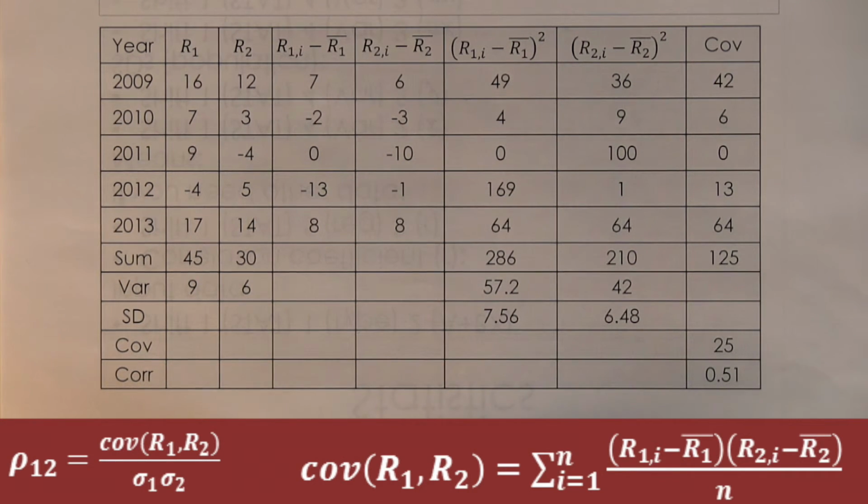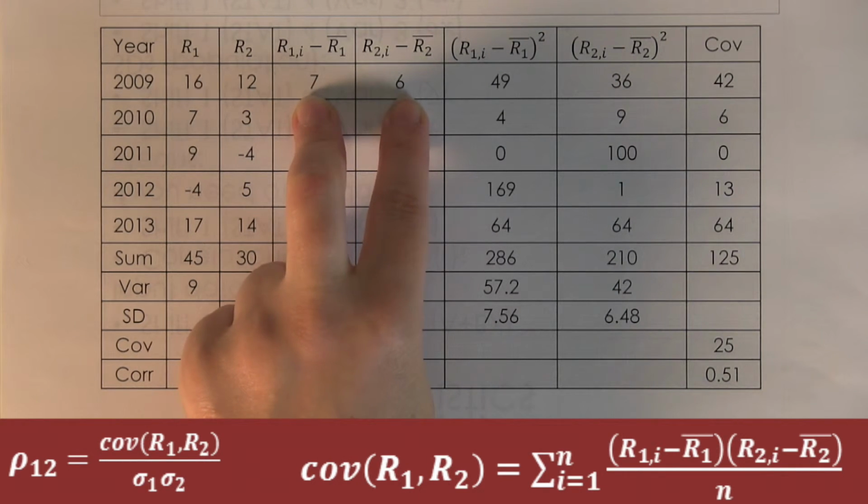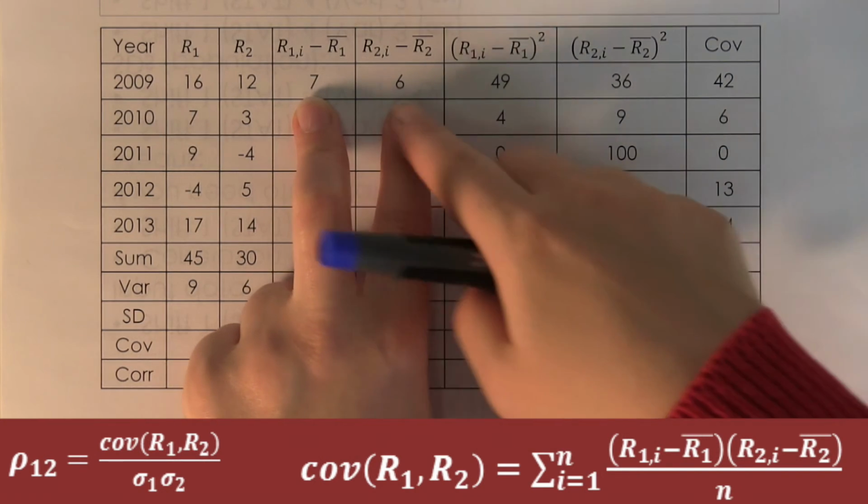Now I have got the bottom of the final correlation formula, but I need the covariance, and remember that the covariance was the sum of these multiples. So if I've got the differences between the data and the mean, then all I need to do is multiply them together.